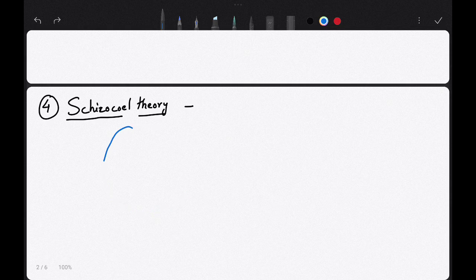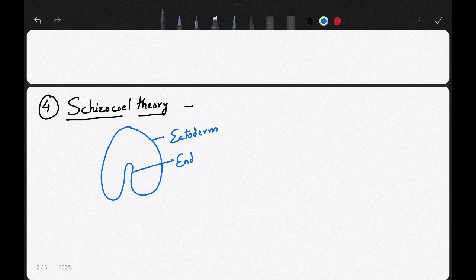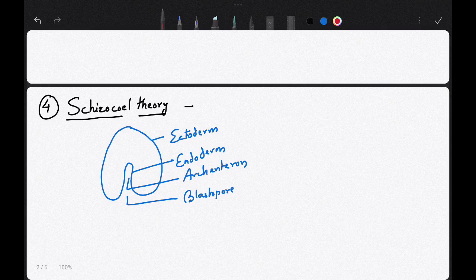Suppose this is the early embryonic stage. This is the ectoderm. This is the endoderm. This is the archenteron, and this is the blastopore, and the mesodermal cells are here.